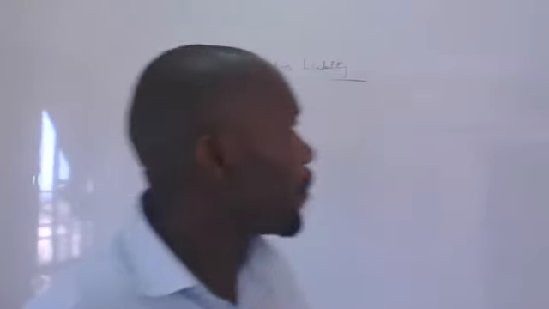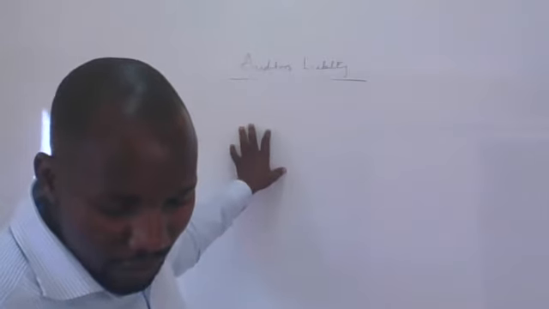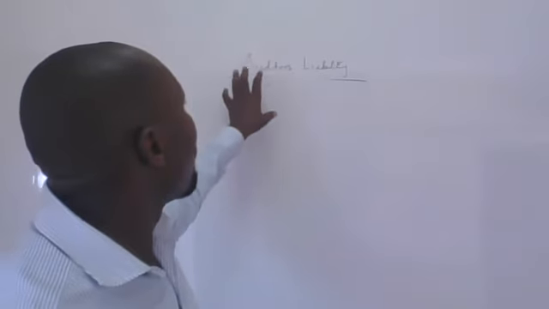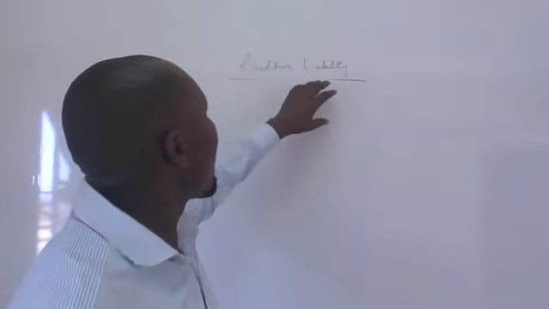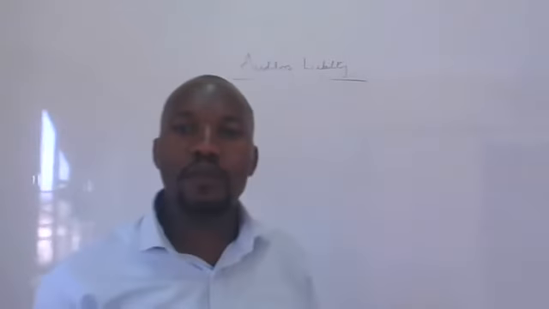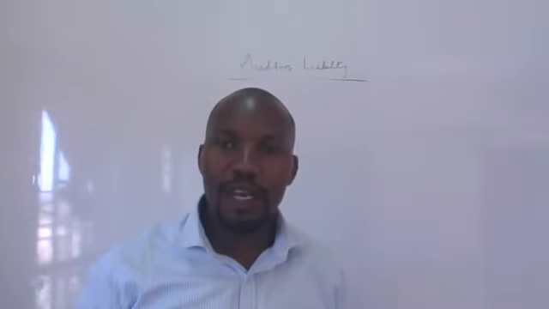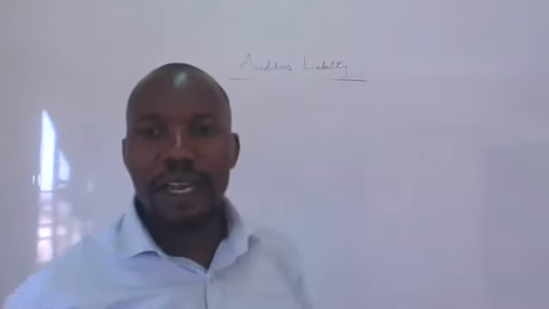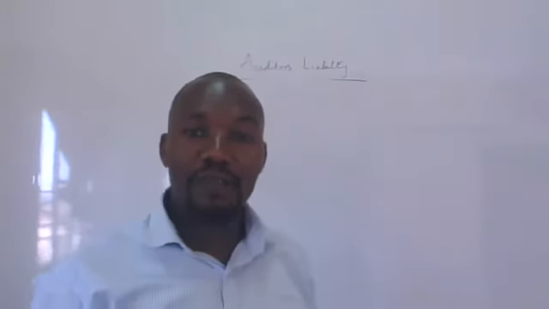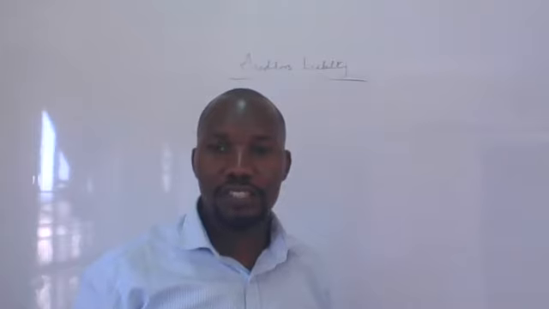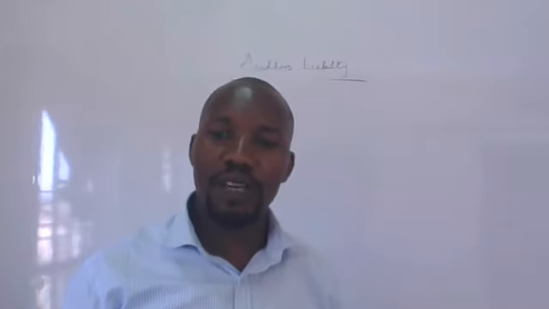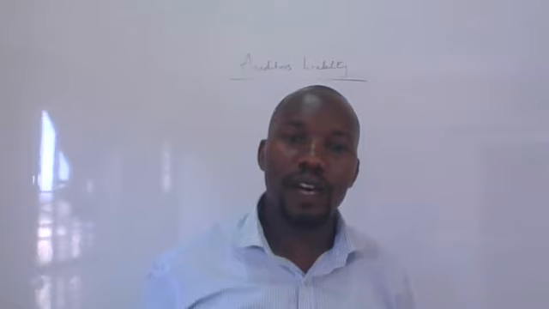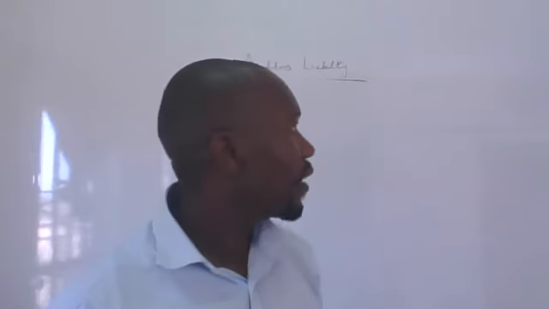Now, looking at this particular topic, the topic is auditor's liability. It is a subtopic under topic number 2, which is under professional ethics. So what is basically happening is that auditors have a challenge. Sometimes you can find yourself giving a wrong conclusion, and then you can end up being sued.